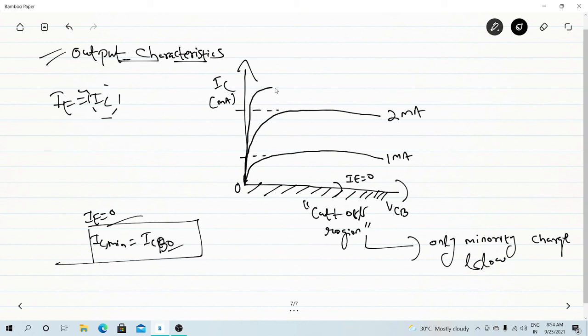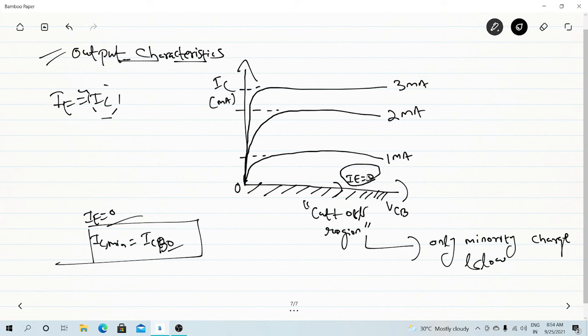With 3 milliampere, you get 3 milliampere IC. But in case IE equal to 0, the minority current will be there, and that current will be ICBO.